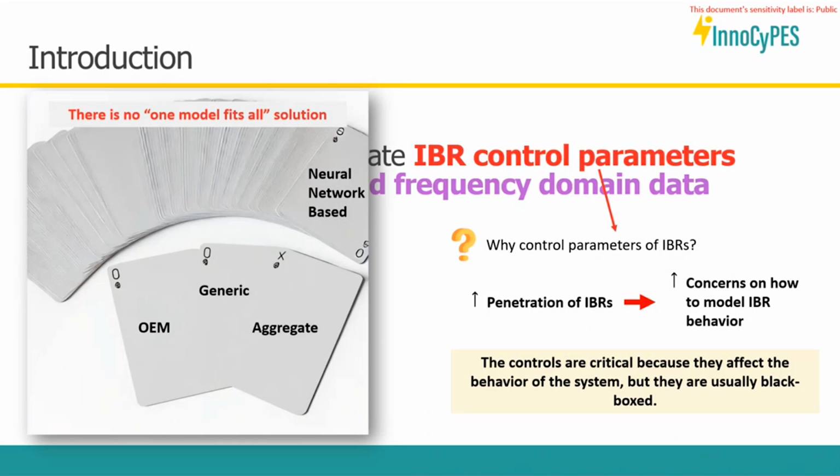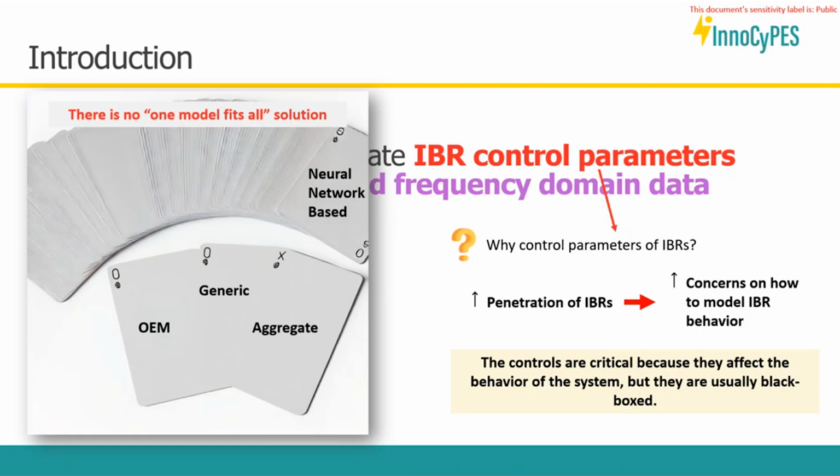You have, for example, OEM models, which are very important for certain studies. But we also have, for example, neural network based models. People are talking about it, but they are still a bit iffy, so not very used in the practical domain, though people are researching it.